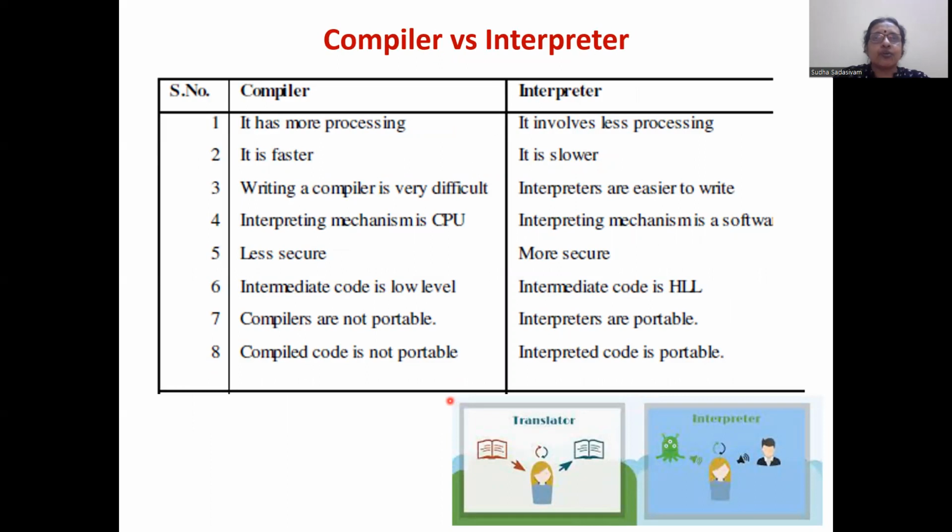Next, we will go on to differentiate between a compiler and an interpreter. Already in the initial slide, I told that the translators from a system programming point of view can be categorized as compilers, assemblers, or interpreters. Both the compilers as well as assemblers convert the target output into machine language format, which could be read by the target machine.